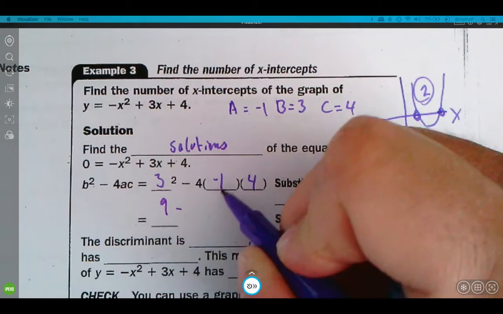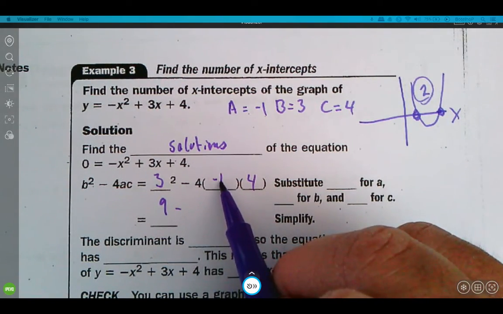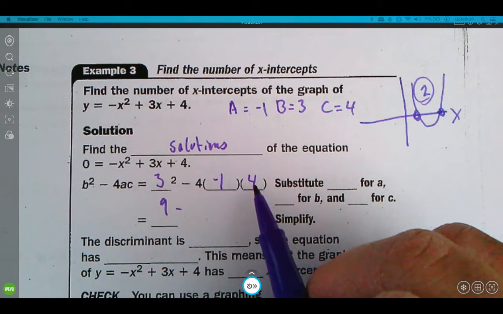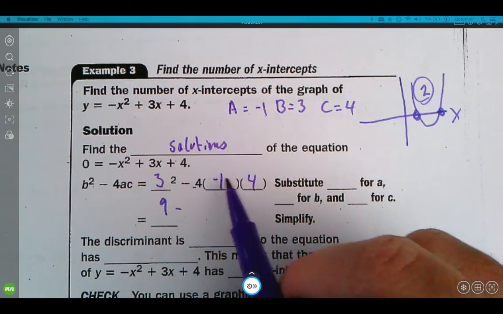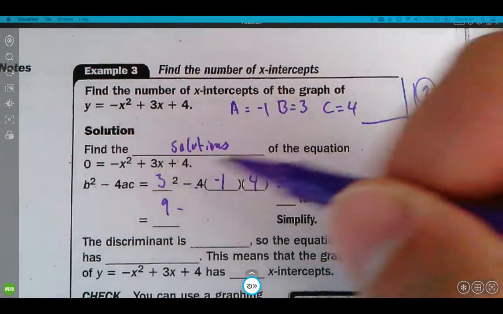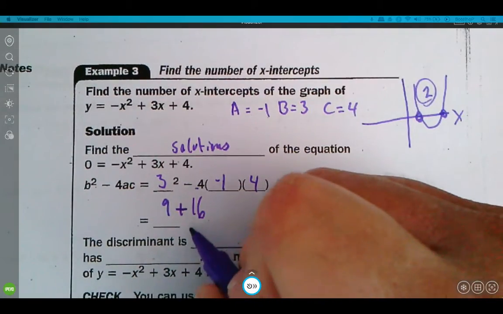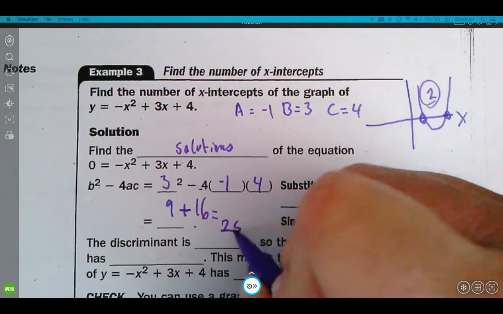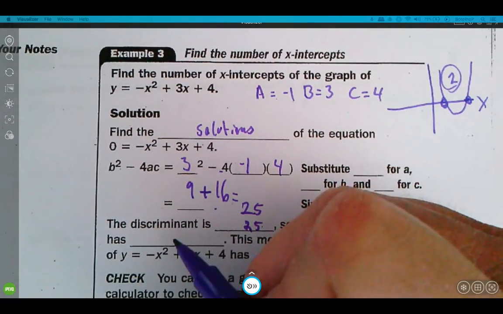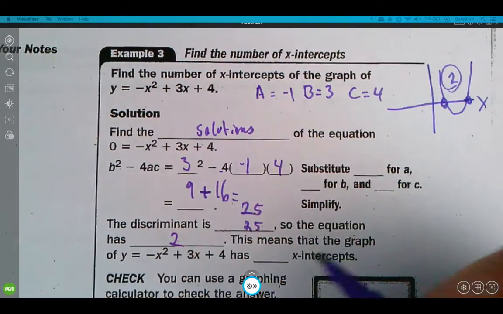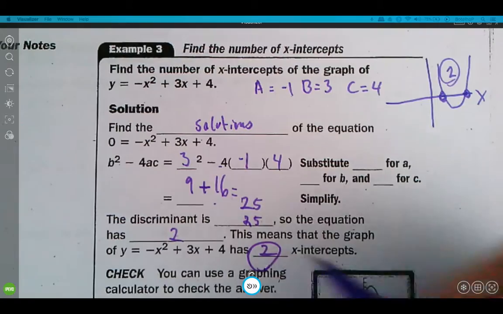This would be 9 minus, or wait, -4 times -1 is 4, plus 4. No, wait, sorry. -4 times -1 is +4 times +4, geez, is +16. So the discriminant is equal to 25. So this has 2 solutions, which means it has 2 x-intercepts. So the answer here is 2.